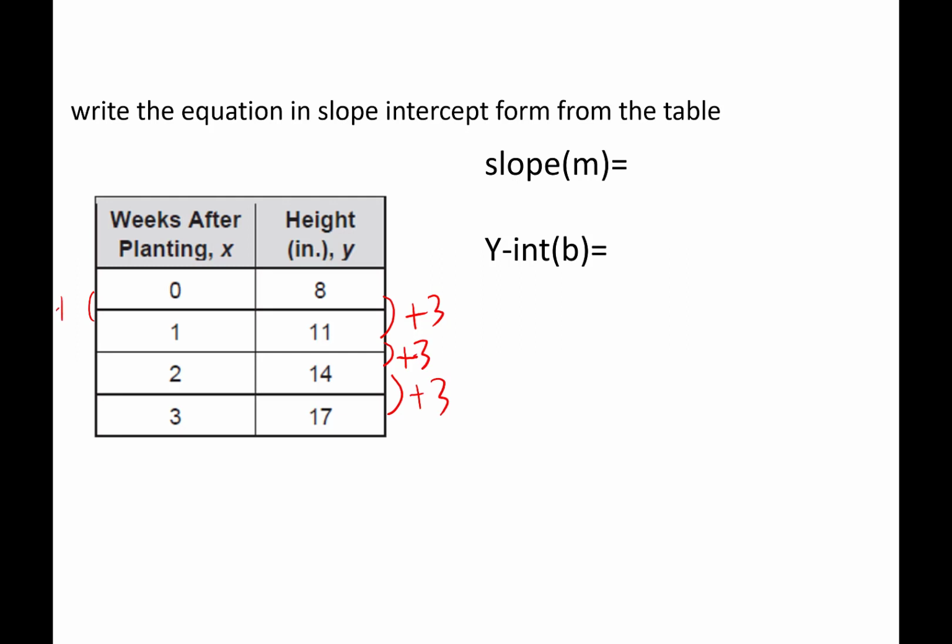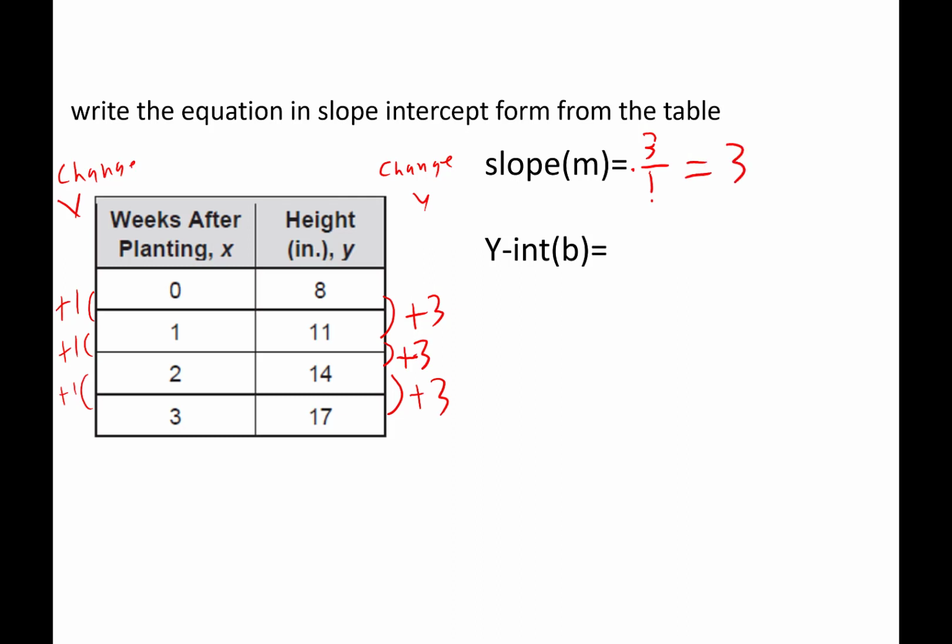On the x, we're adding 1. So my slope, remember, change in y over the change in x, so my slope is 3 over 1, or just 3.